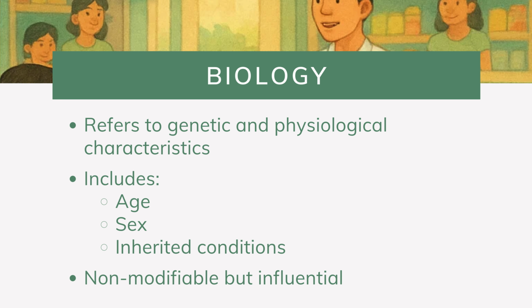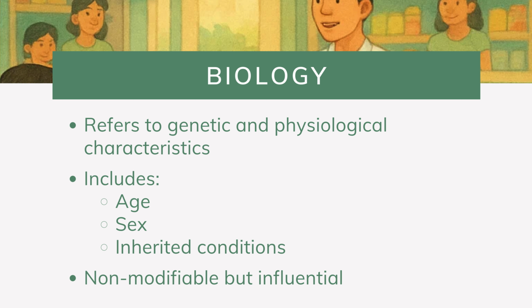Our sex could also affect our vulnerability towards certain diseases, as men and women could be affected differently. For instance, cervical cancer only affects women, while prostate cancer only affects men.